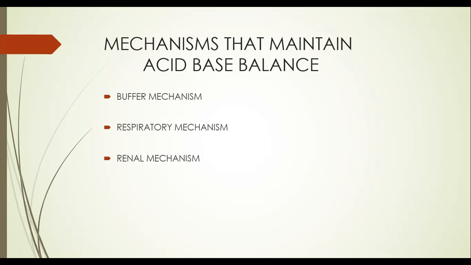When the buffer mechanism fails, so you know that we have mainly the bicarbonate buffer system, phosphate buffer system, as well as protein buffer system, when these three buffer mechanisms fail, the next line of defense mechanism comes into action, that is the respiratory mechanism. How does the respiratory mechanism act? It acts by controlling the rate of carbon dioxide that is exhaled from the lungs.